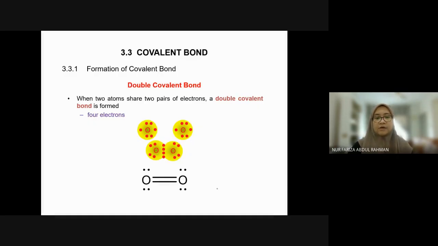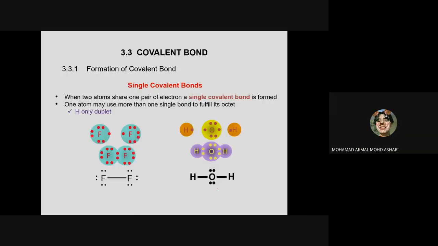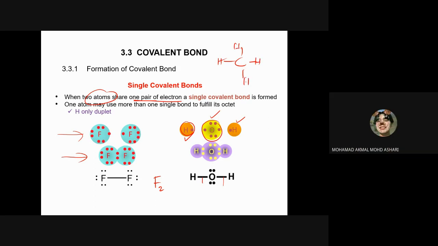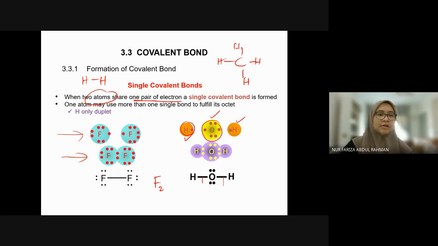Madam, for the single covalent bond just now, it doesn't matter whether it's the same element or a different element? It doesn't matter, as long as it is CH4. So in case, if H with H, can it form H2? Is it a single bond? Yes, it is also a single bond. Okay, the basic concept of single bond is that they share 1 electron each.